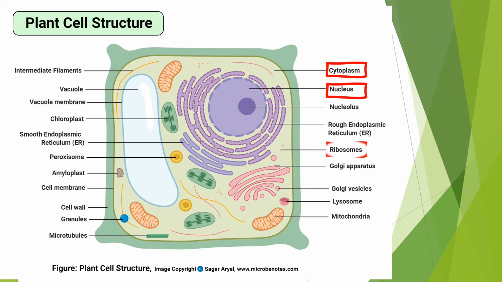Your ribosomes are like the little dots that you see here and there, and they are very, very small. Your mitochondria, again, those bean oval shaped structures with the lines going inside them. And lastly, your cell membrane, which is the outer layer. Now you'll notice that the plant cell has something outside of the cell membrane. That's going to be your cell wall.